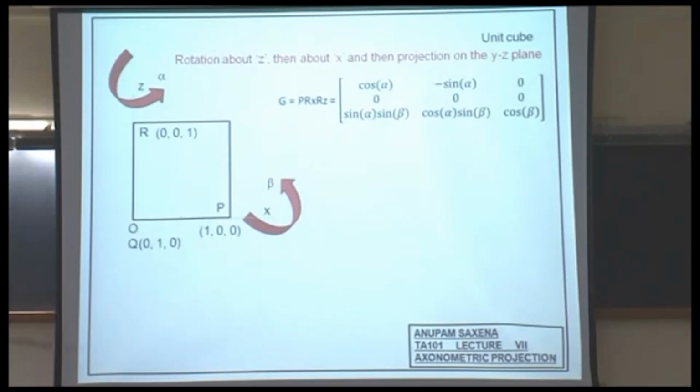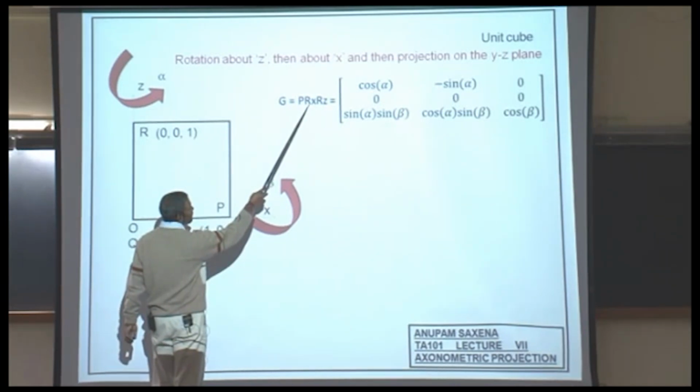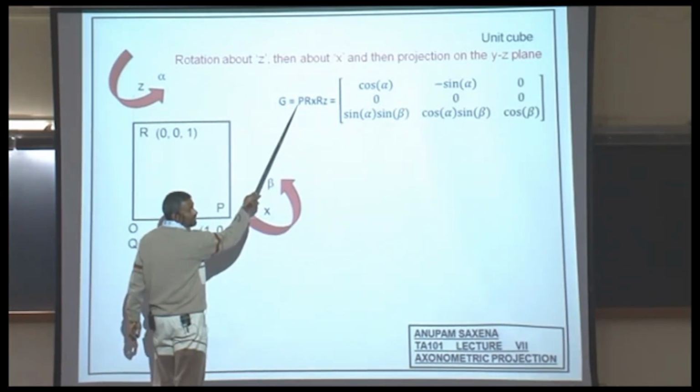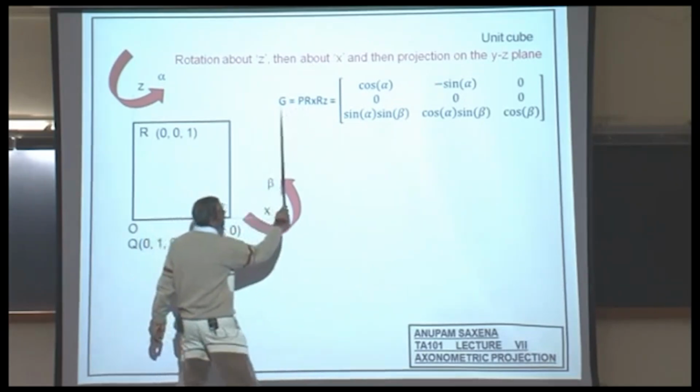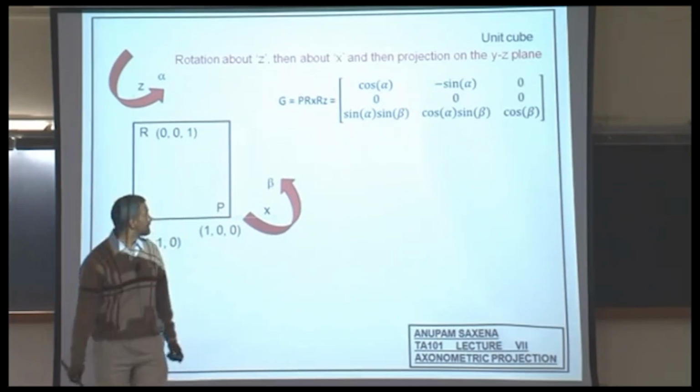The first matrix on the right is rotation about z, then rotation about x, and then projection on the plane. And when you multiply all these three matrices, you will get the result on the right hand side.